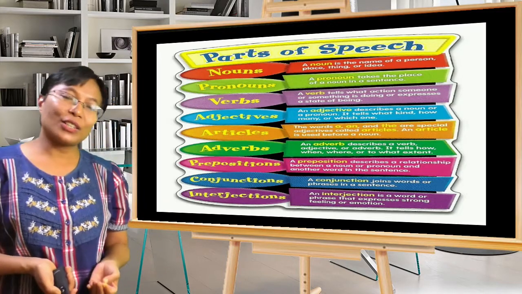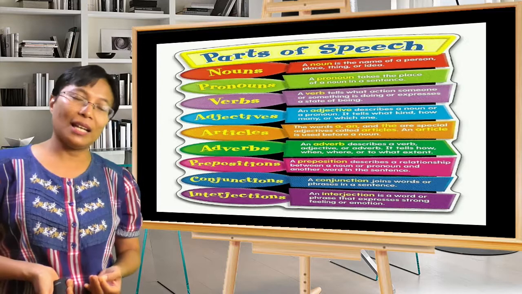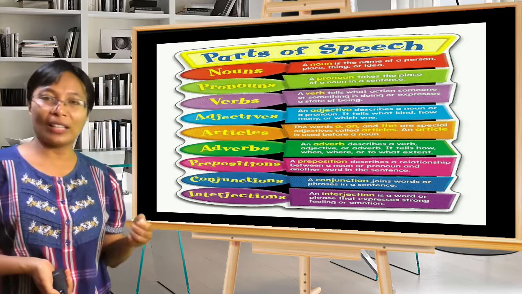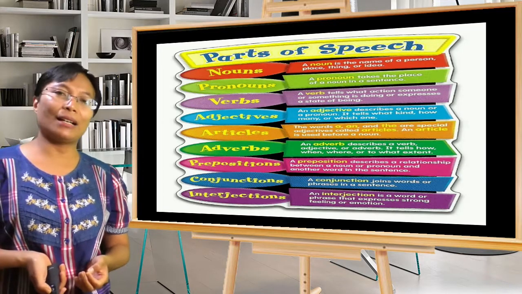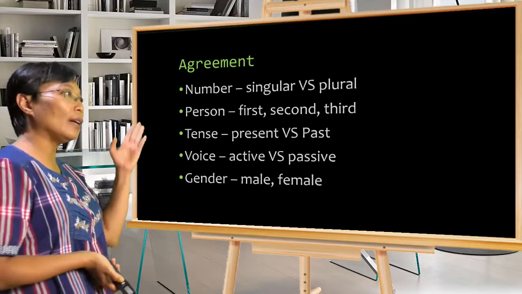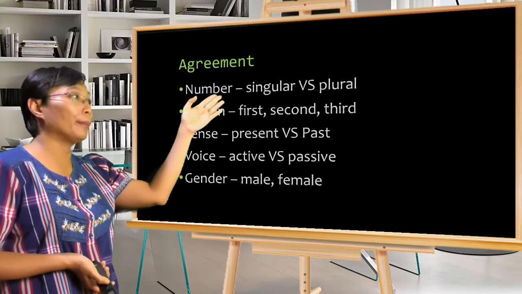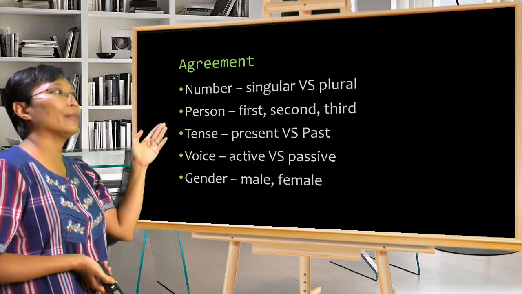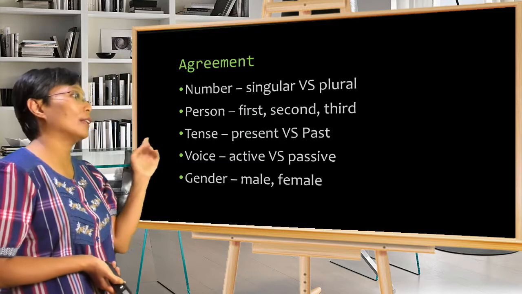Talking about syntax will also be related to the agreements. I believe that in your English grammar class, you have learned about the agreements that we have in English grammar. So you have the agreement related to number, we have singular and plural, and then the agreement related to person, we have first person, second person, and third person.